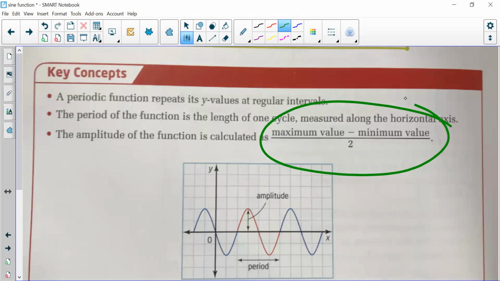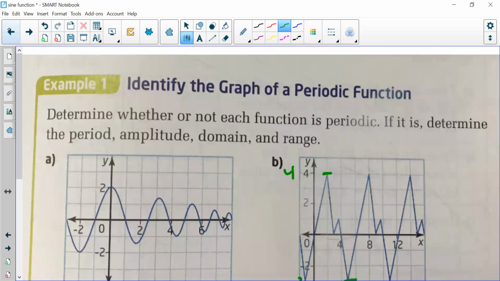Maximum take away minimum divided by 2. You're looking for the difference, in math that means subtraction, between your maximum and minimum, and then divide by 2. So what is 4 take away -3 divided by 2? Good, it is 3.5. 7 divided by 2 is 3.5. So my amplitude is 3.5.